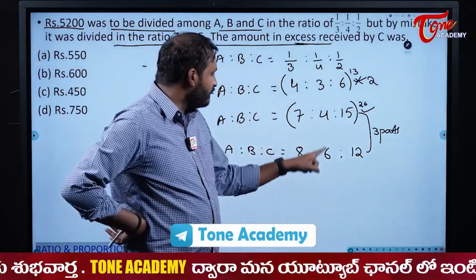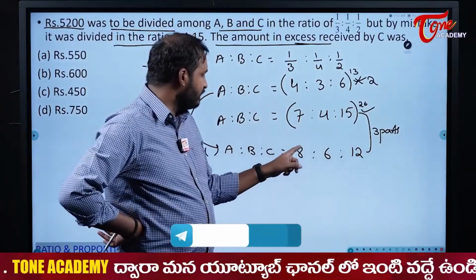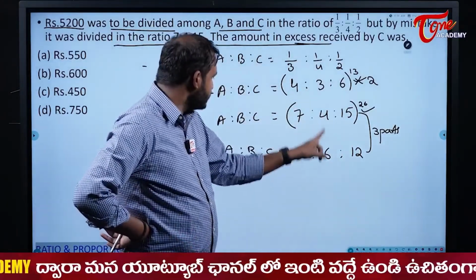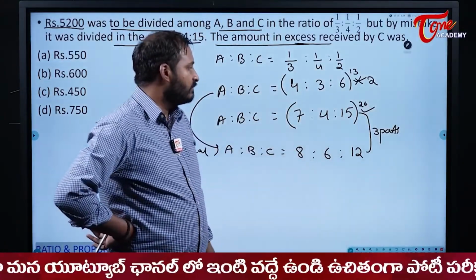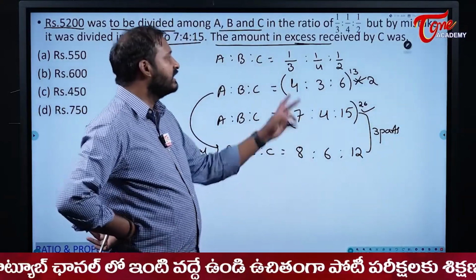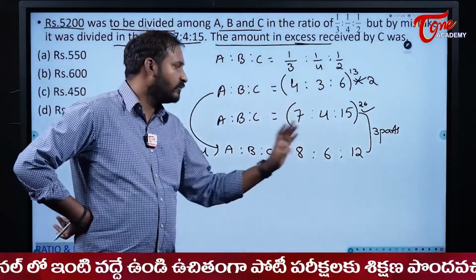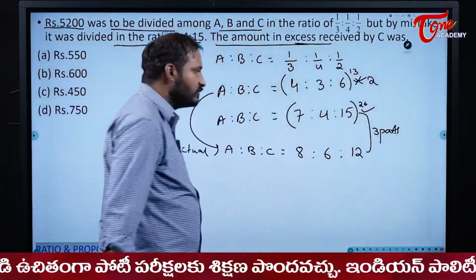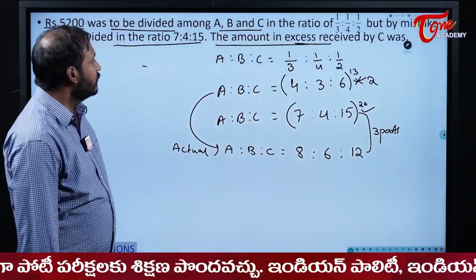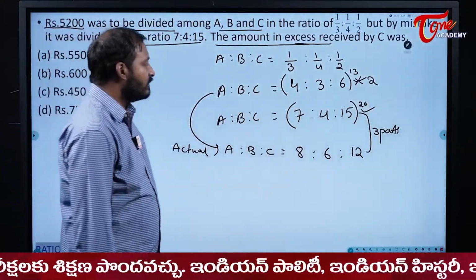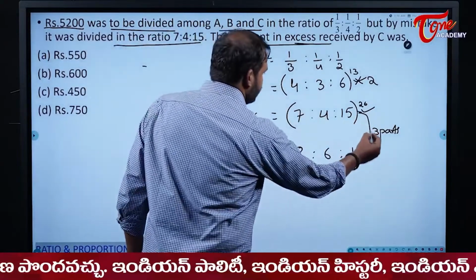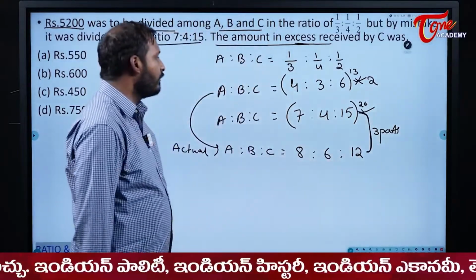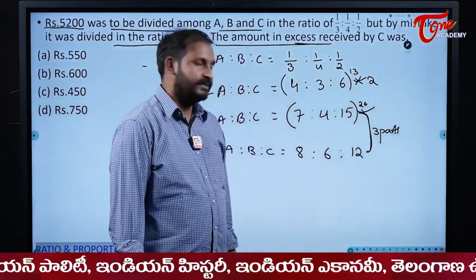From A and from B, like this he has taken the 3 parts: 1 from A and 2 from B. Like this, he has taken 3 parts from the remaining 2 candidates.